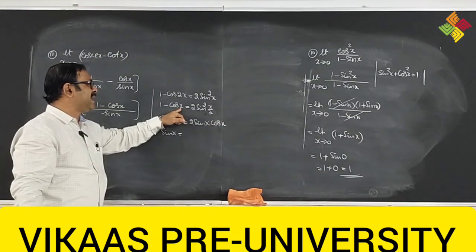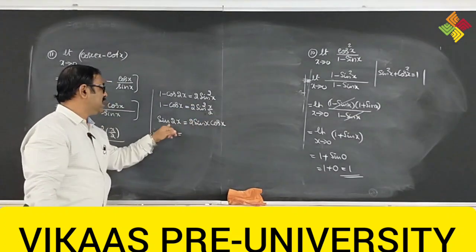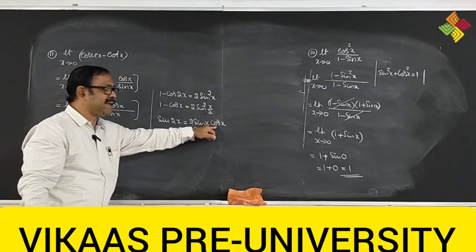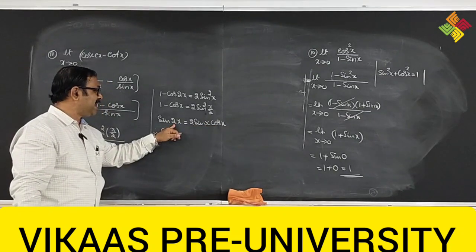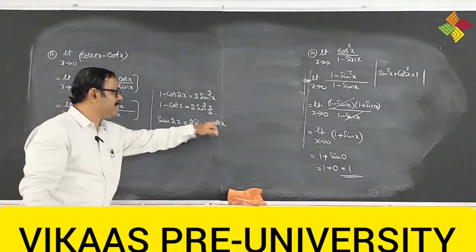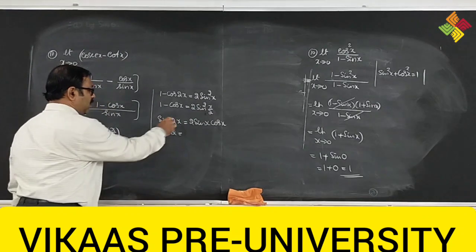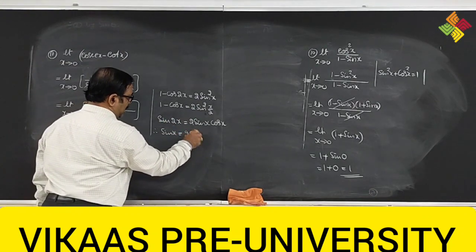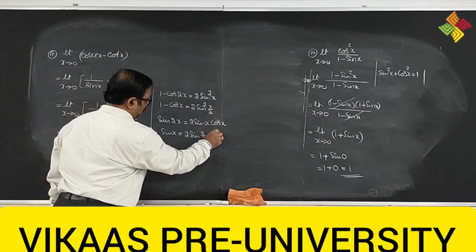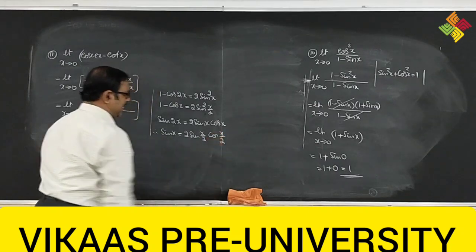Suppose if I write 10x, it becomes 10x by 2. The left hand side angle is 2x, and it becomes half on the right hand side. Now what is sin x? 2 sin (x by 2) into cos (x by 2).